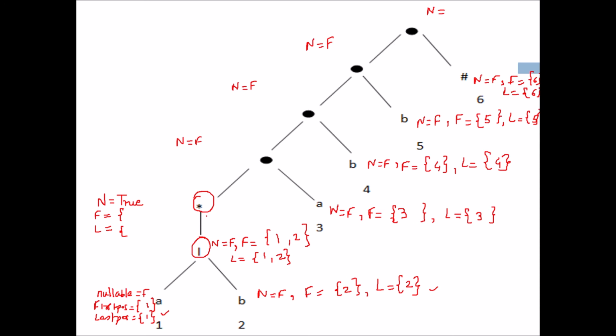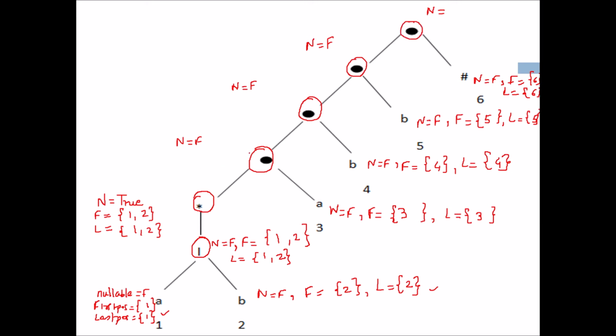So this star node has one child and the first and last pos values will be copied as it is. So we get {1, 2} here and {1, 2} here. And then we are left with only finding the values for these cat nodes.